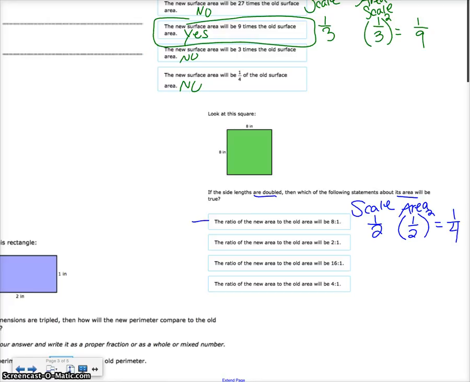So let's analyze. The ratio of the new area to the old area is 8 to 1. Nope. The ratio of the new to the old, 2 to 1. Nope. The ratio of new to the old, 16 to 1. No. The ratio of the new to the old 4:1. Yes. I identified the correct statement.